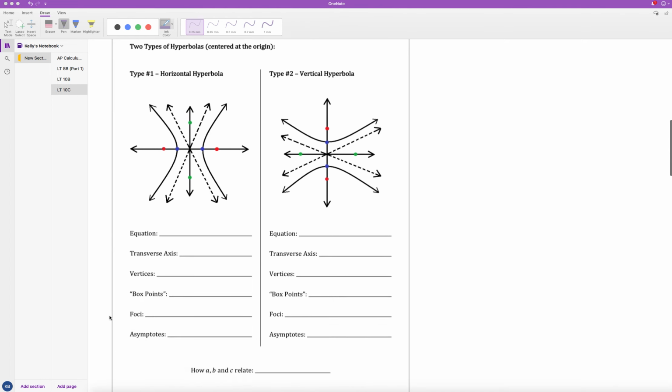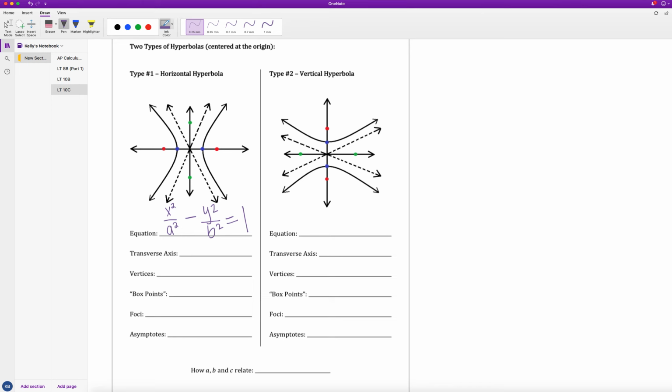Looking at both of these graphs, on the left side we have our horizontal example, and on the right side we have our vertical one. Let's start with the equation for our horizontal hyperbola. It is similar to the ellipse: I have x squared over a squared, but now I subtract y squared over b squared, and it is still equal to 1.